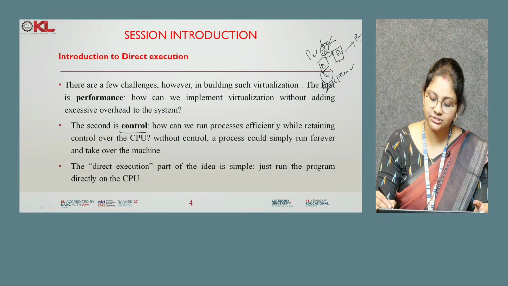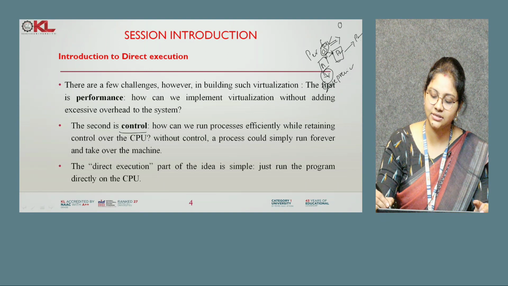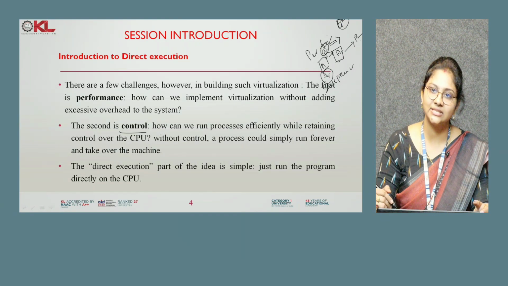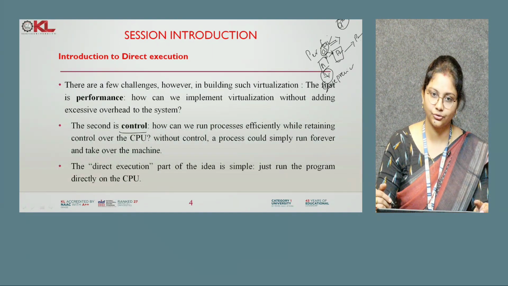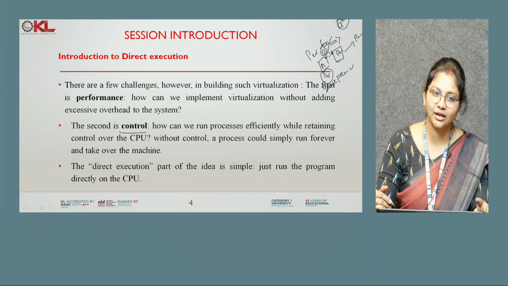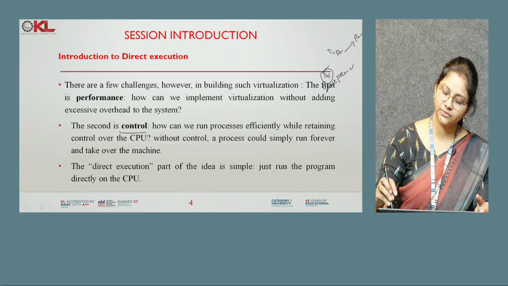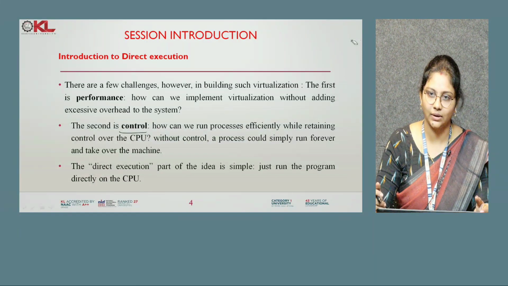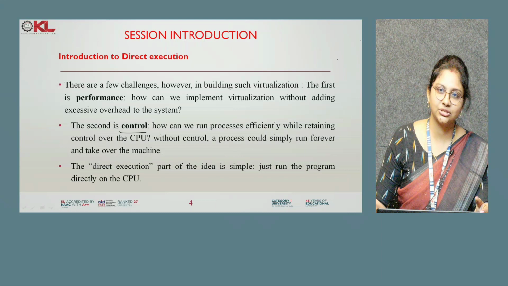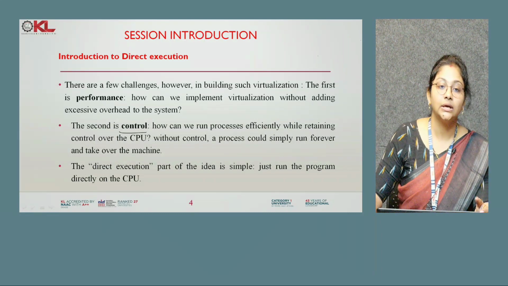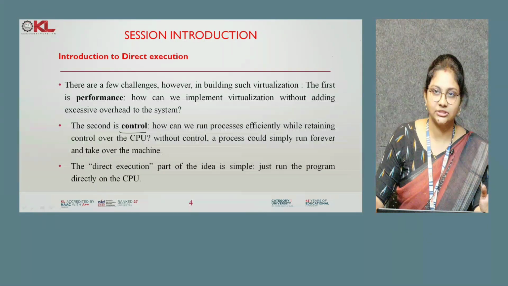Now I am saying that the process is directly executing on the CPU, which means the operating system will not take control of it. So the process could simply run forever and take over the machine. Here there is a problem of control also, because it will take more time to execute and will not give a chance to another process. So direct execution is simply the concept of running the program directly on the CPU.